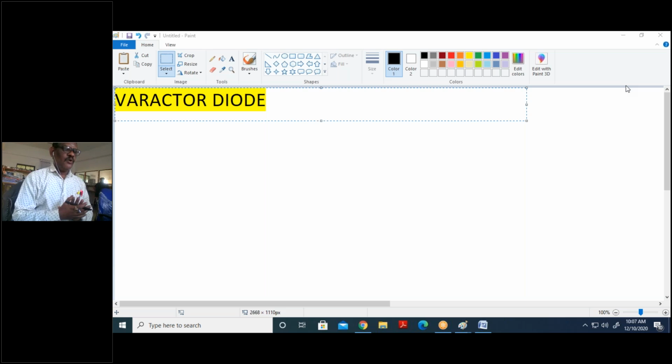Their mode of operation depends on the capacitance that exists at the PN junction when it is reverse biased. In reverse bias, the Varactor diode acts as a variable capacitor.